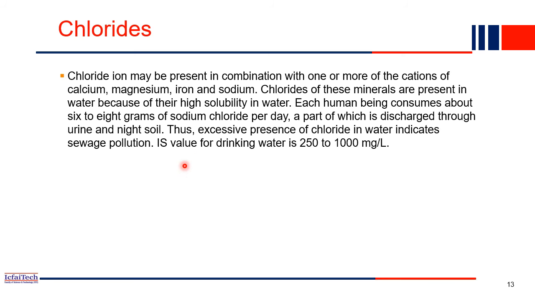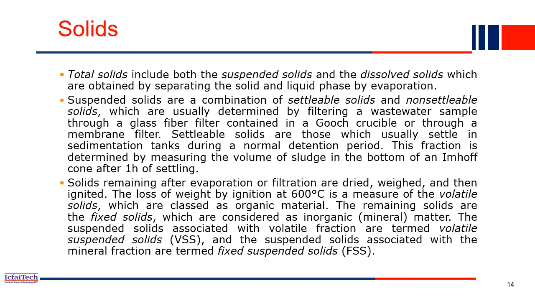So we are consuming NaCl, and that NaCl or chloride is coming into the wastewater also. That's how chloride content is coming into the water. And if the chloride percentage is more than 1000 milligram per liter, again we have to treat the water, and we have to remove the chloride content from the water.